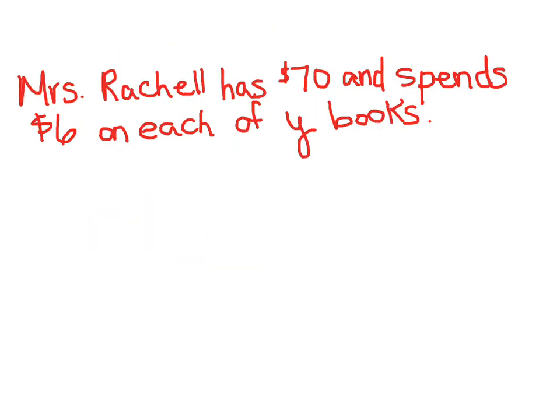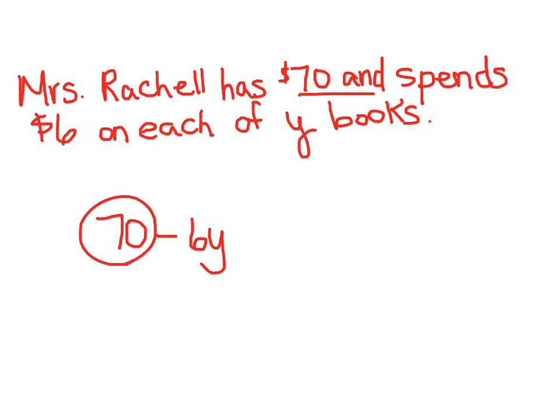All right, if we're going to do another one, Mr. Rochelle has $70 and spends $6 on each of Y books. So we know that I have $70, and if I'm spending, I'm taking away, and I'm going to say 6 on each Y, so on each book.